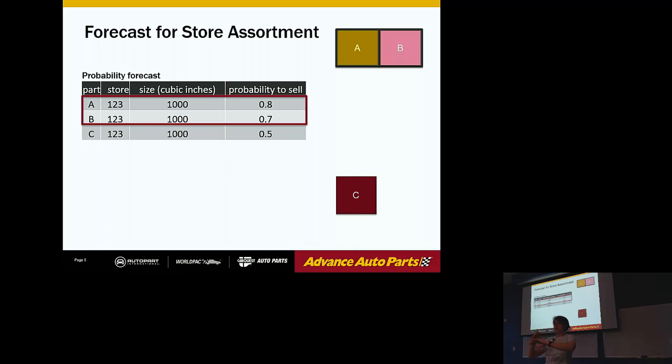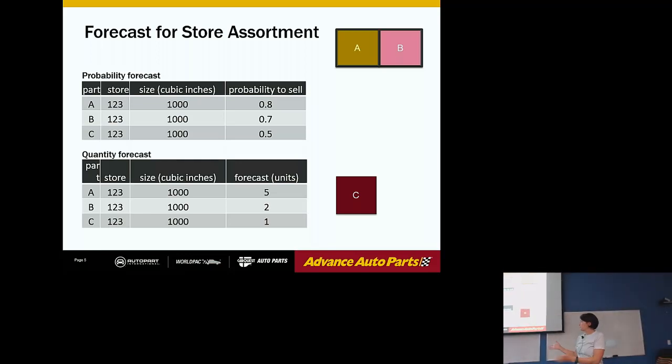So if I would be making that prediction on August 27th, 2019, that would be probability to sell from this day until August 27th, 2020. Okay, rolling year.